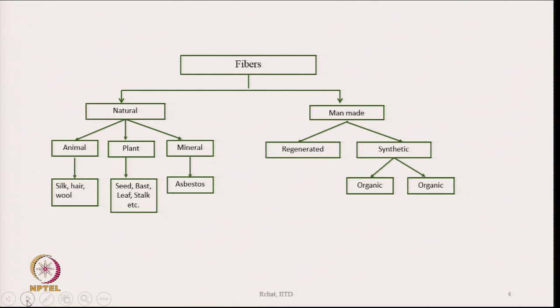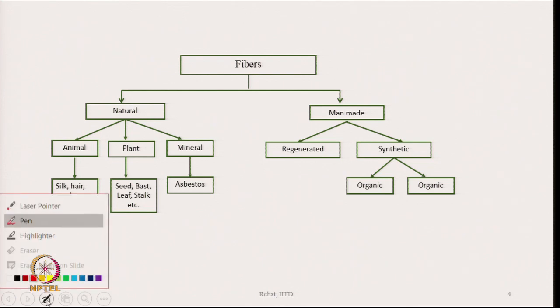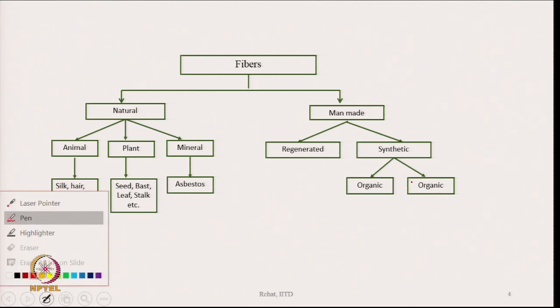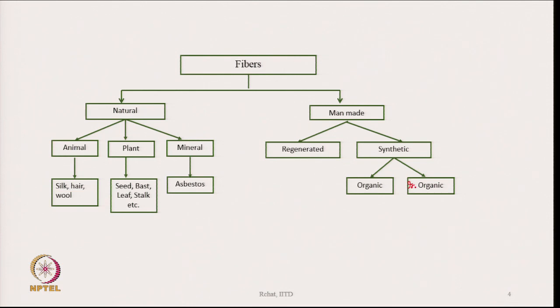The other group is man-made, and within this group we have regenerated fibers, and the other one is synthetic, which is organic and also inorganic. So, we can write this organic and inorganic. These are the two types of fibers within the synthetic variety.